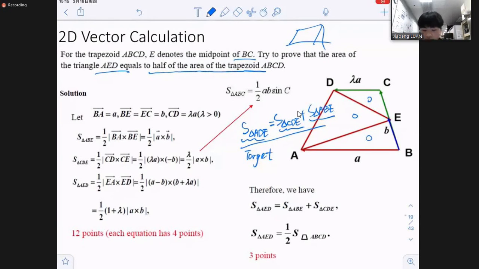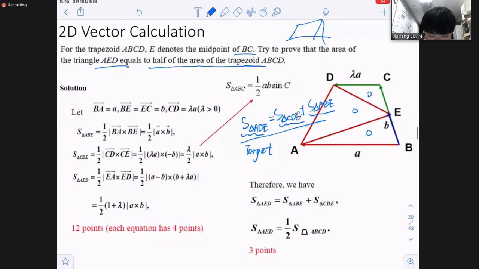Okay, first, for simplicity, you can say that BA is vector A, and BE and EC is vector B, and also CD is vector lambda A, because CD is parallel to BA, right?